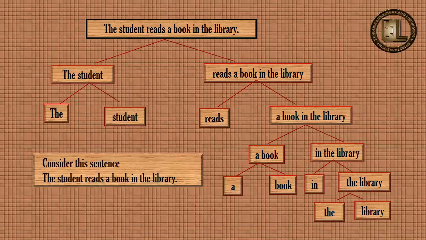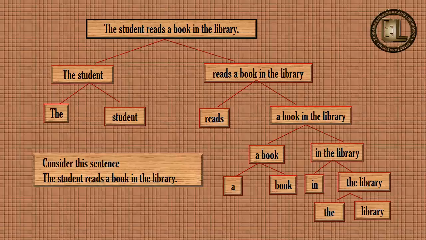So look at the step-by-step division of this sentence. At first, we split it into two constituents, the student and reads a book in the library. The student is further divided into the and student, a determiner and a noun.